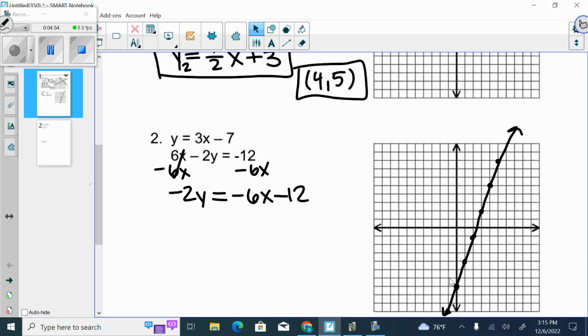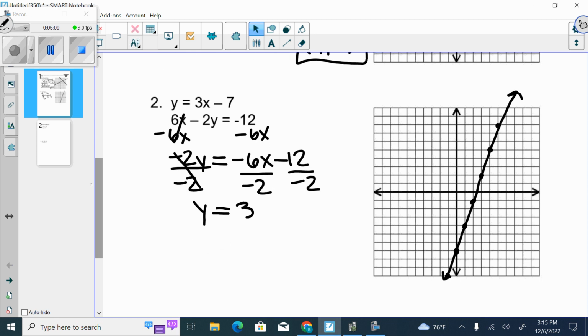Then what should we do? Negative 2, very good. Positive 6 divided by negative 2. 3, very good. And negative 12 divided by negative 2? Good.